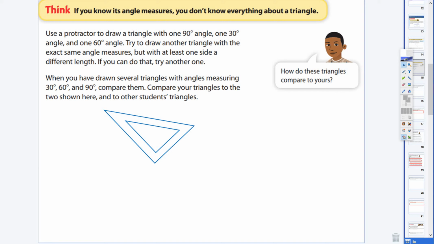If you can do that, try another one. When you have drawn several triangles with angles measuring 30 degrees, 60 degrees, and 90 degrees, compare them. Compare your triangles to the 2 shown here and to the other students' triangles. And then again, that's when we get into the classroom.